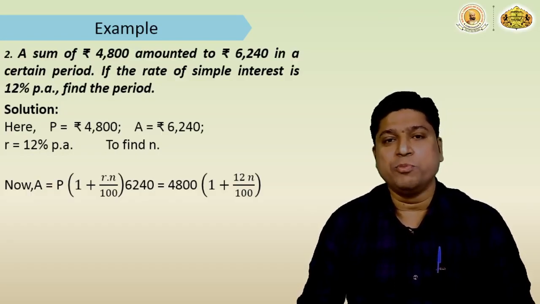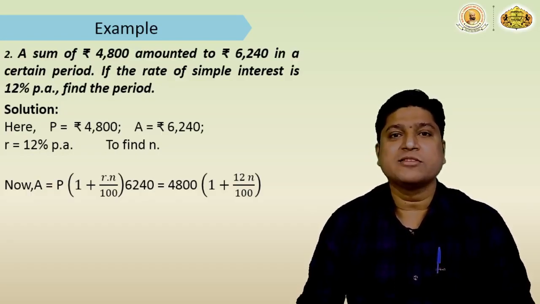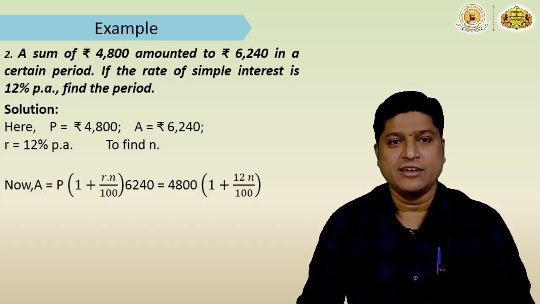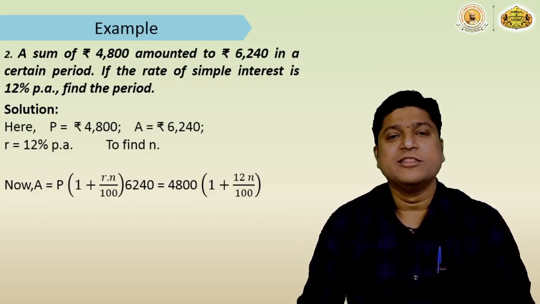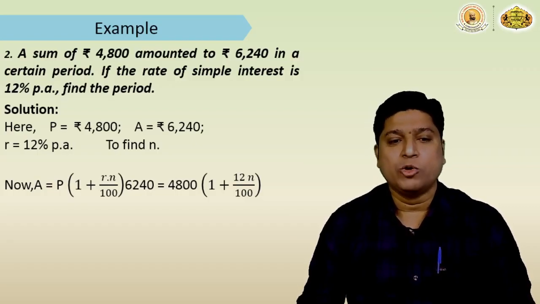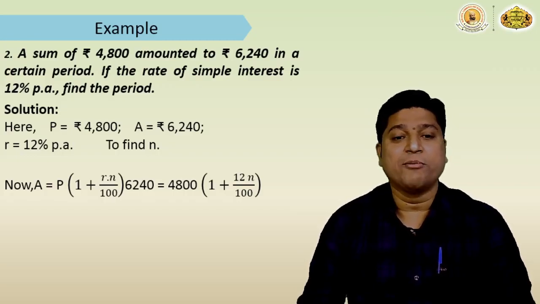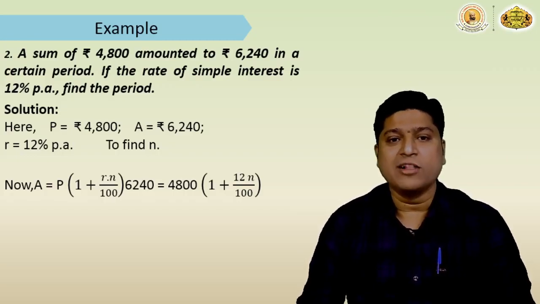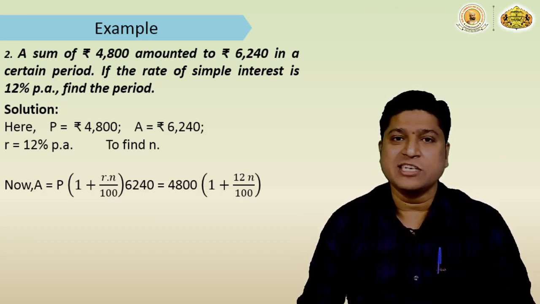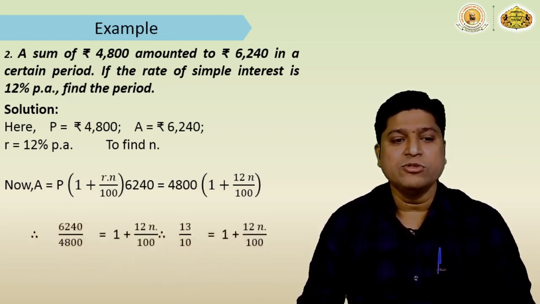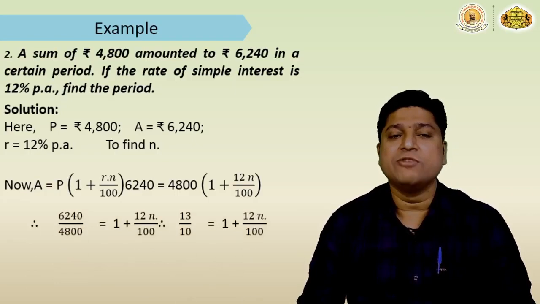A is equal to P into bracket 1 plus Rn upon 100. Now, we will put in the values they have given of various variables. Like P, we will put as 4,800, 12 as the rate of interest, N they have asked us to find, and upon 100. If you solve this equation by putting these values, the equation will be like this.